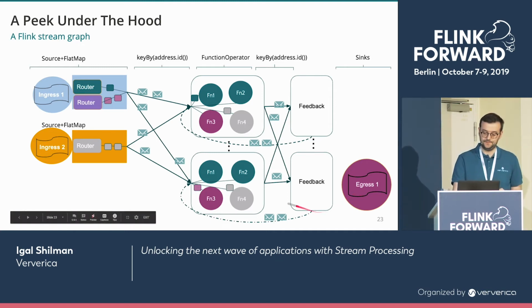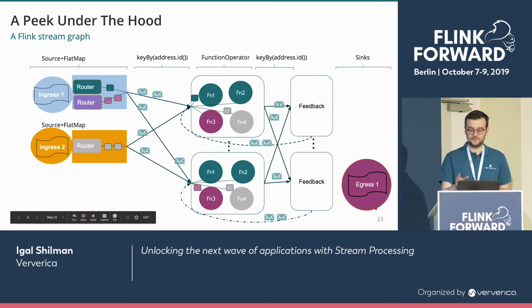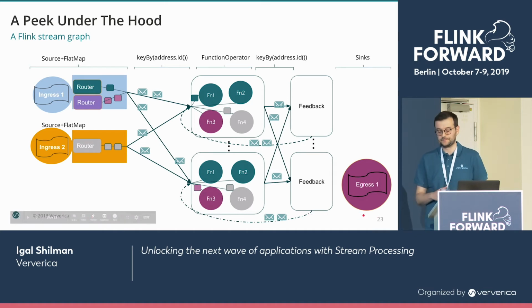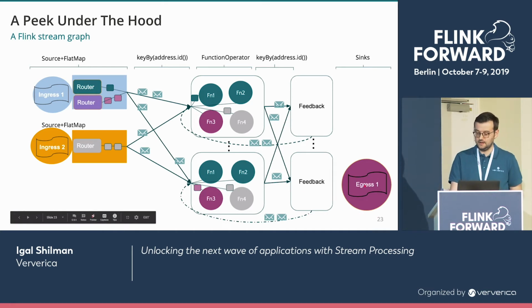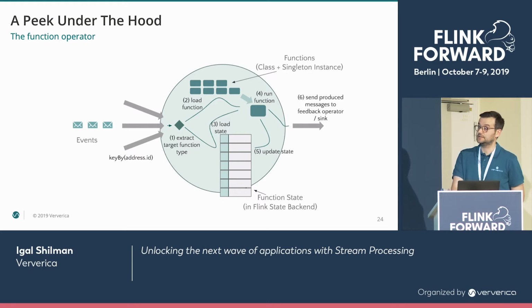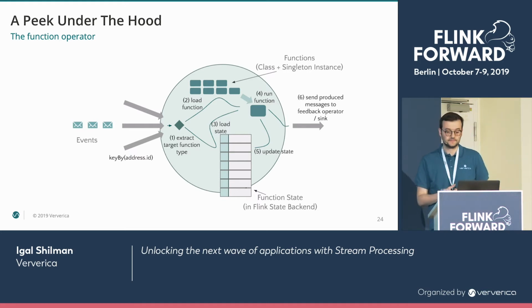I did not add a line here because it would be too many lines, but you can assume that from the function operator, you might get here as well a communication channel. So let's look at the function operator itself.